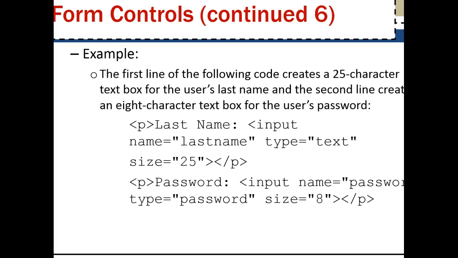Let's look at the example here. You can see the last name input, the type is text, and we identify the size as 25 characters. Then for the password, of course, the input type is password, and again you identify the size.